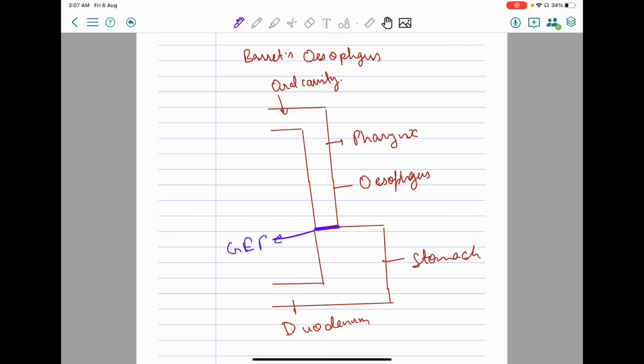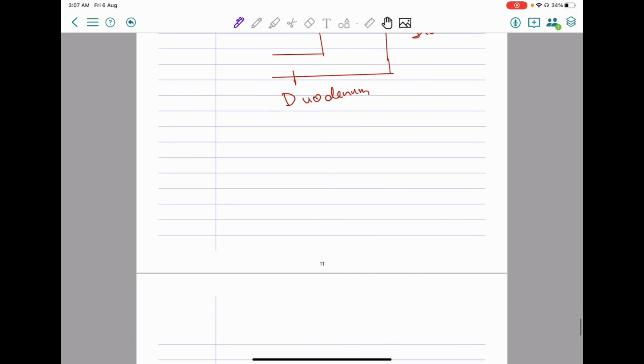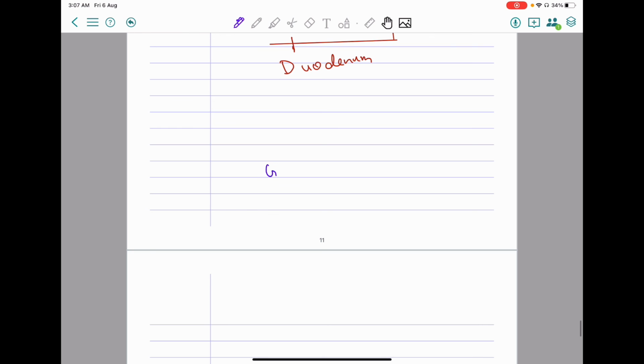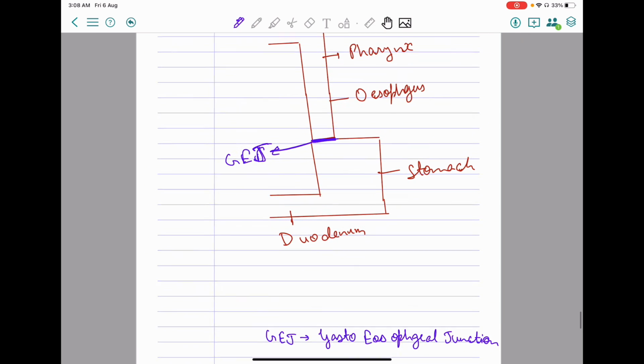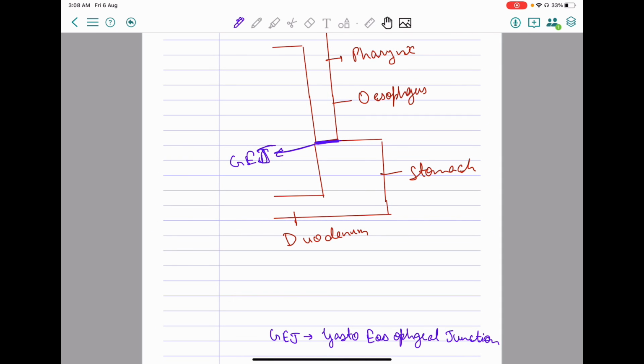What is GEJ? GEJ is the gastroesophageal junction. Like you must have understood, it is the junction where the esophagus and the stomach meet. Okay, and this is the stomach.